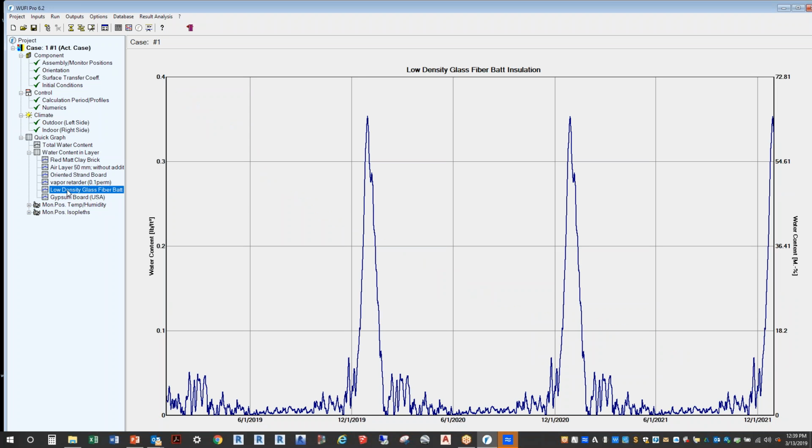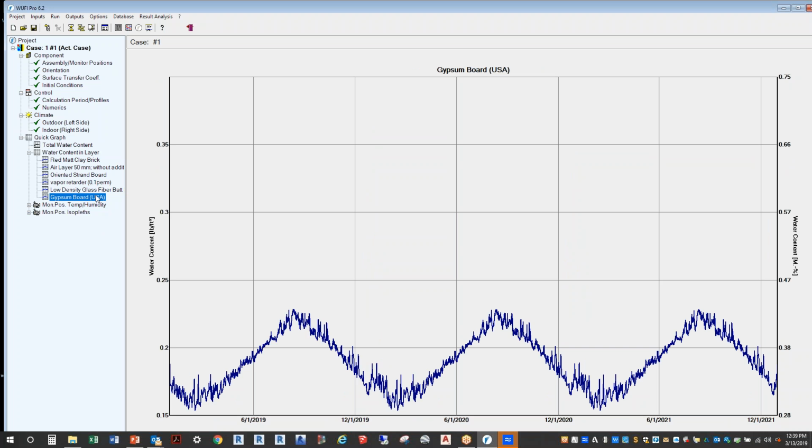But our insulation is pretty steady, each year is pretty steady. We don't see any sort of continual increase or decrease, but we might want to look at it over a few more years. And then our gyp board, which is fine. You want to see consistency from year to year without a steady rise in moisture.